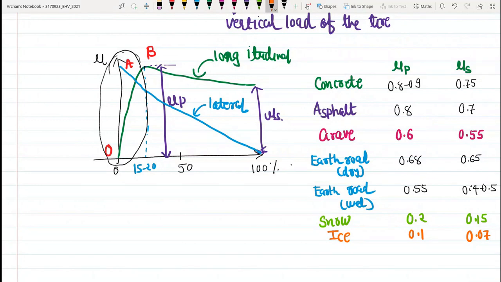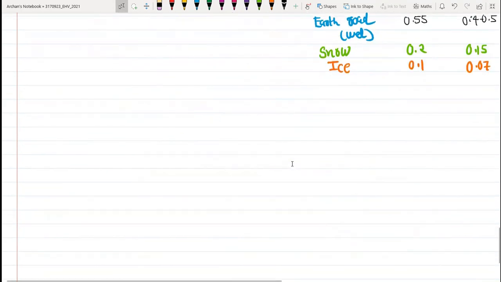Okay. Now let us try to understand the powertrain tractive effort and the relationship between the speed of the particular vehicle. Okay. So we know an automotive powertrain. Okay. Suppose I am talking about some powertrain. Okay.